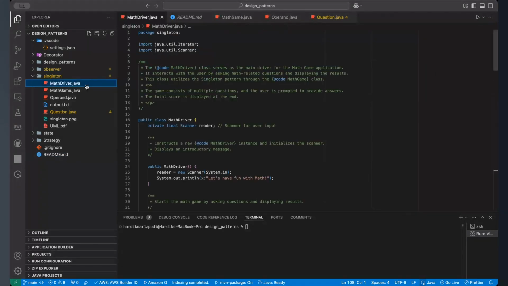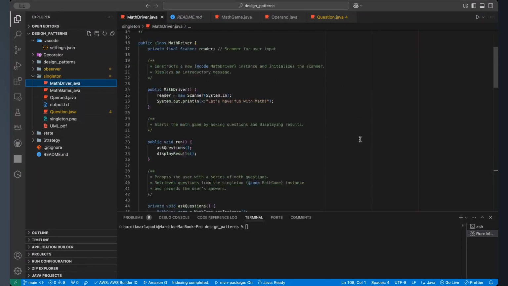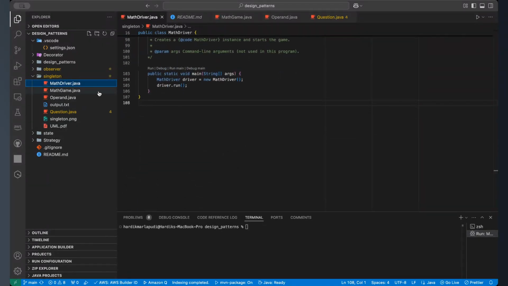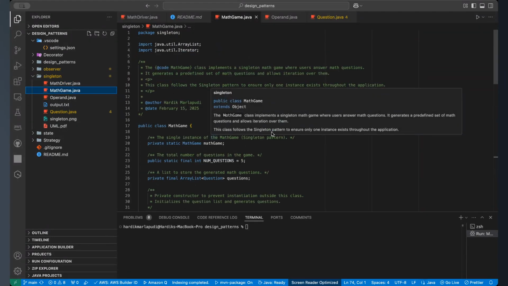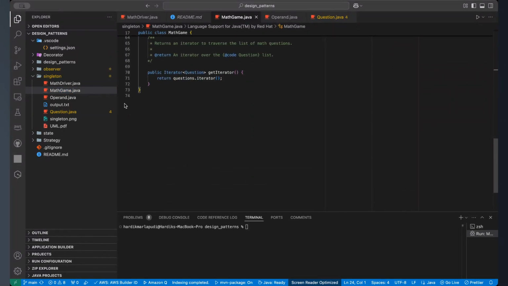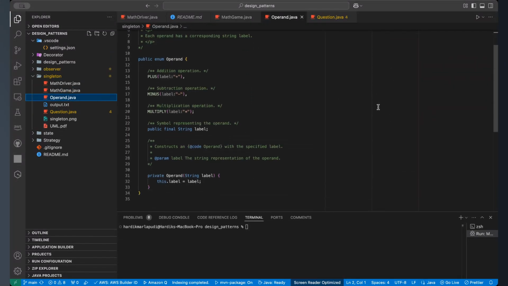Alright, now moving on, here are my Java classes: mathDriver.java, which basically makes the program operate, mathGame.java, operand.java.